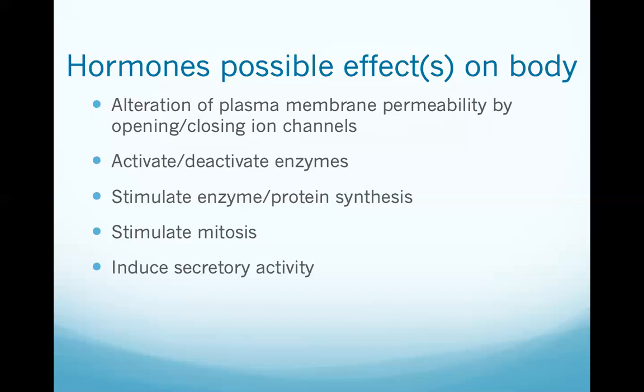This is extremely important in terms of fetal or embryonic development, as well as when the child is undergoing a phase of growth before reaching adulthood. You also have cells that secrete something outside the cell, and these cells can increase their activity when specific hormones are present.